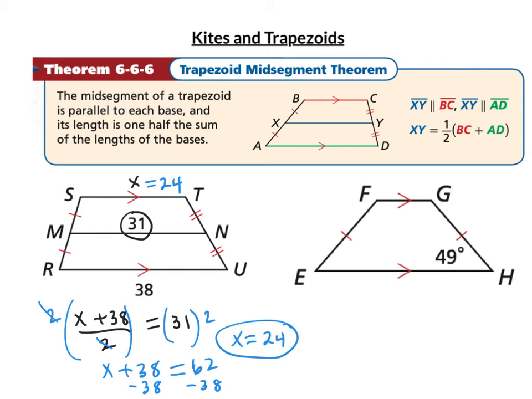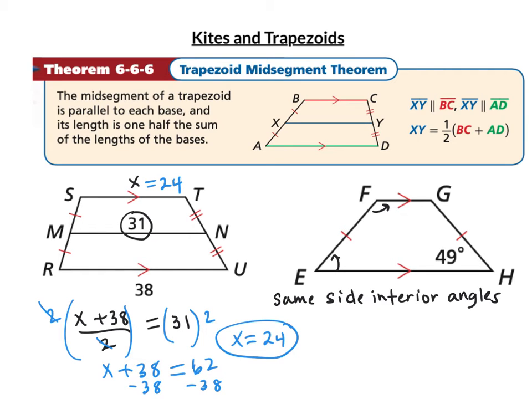The trapezoid on the right is just a reminder that this is true in any trapezoid, not just isosceles trapezoids. But angle E and angle F, they're not congruent. They are supplementary. They are same side interior angles.